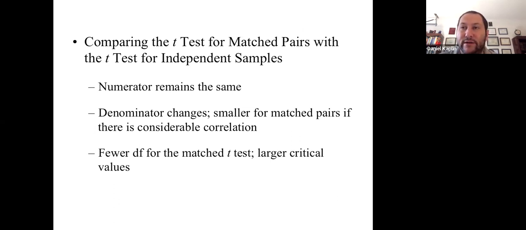The numerator is still taking the difference between scores 1 versus 2, whether it be the sum of the scores or the mean scores, right? Mean 1 minus mean 2 in independent samples, and in matched pairs, it's person 1 versus person 2.